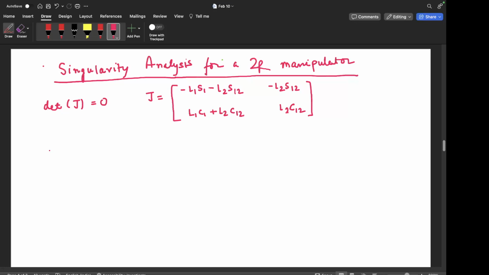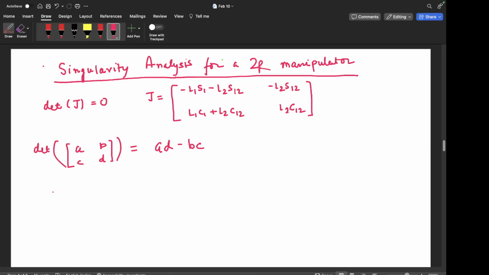Now what is the determinant of this matrix? Again, the determinant of a 2 cross 2 matrix whose elements are, let's say, A, B, C, D, is AD minus BC.